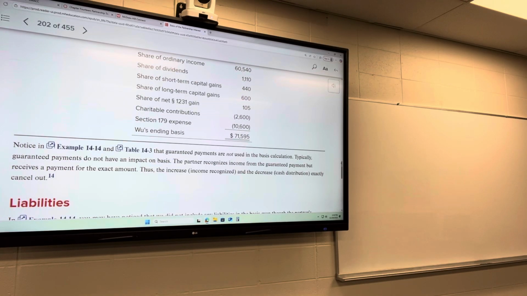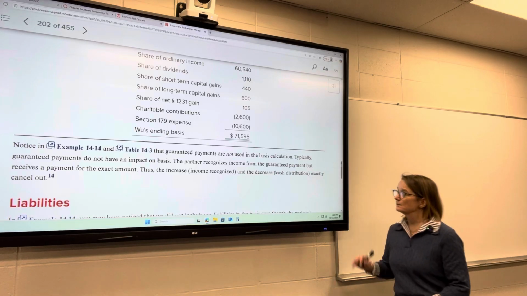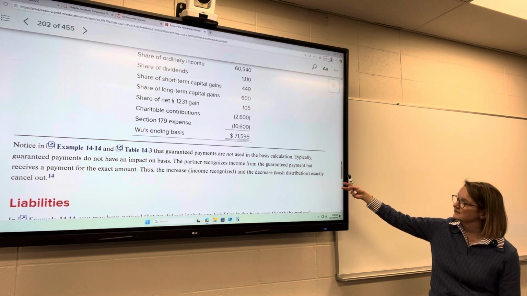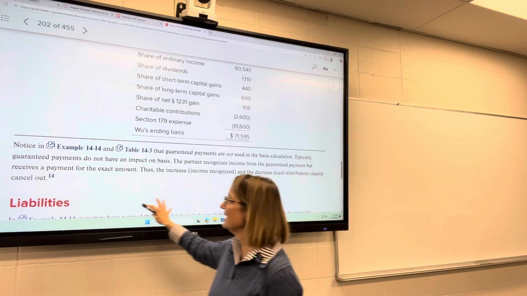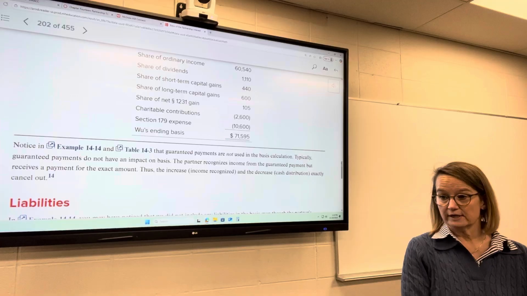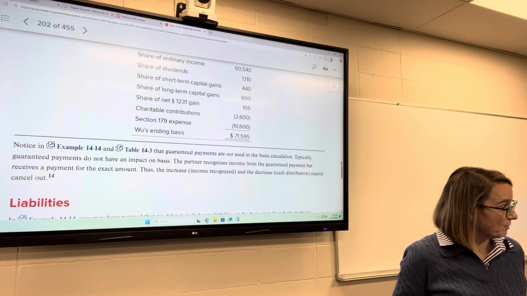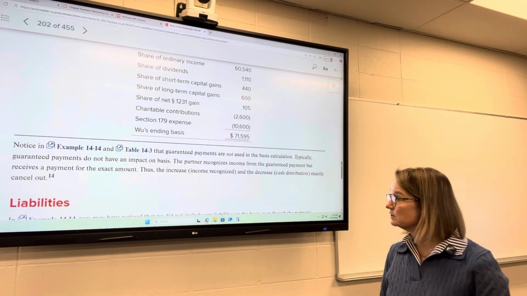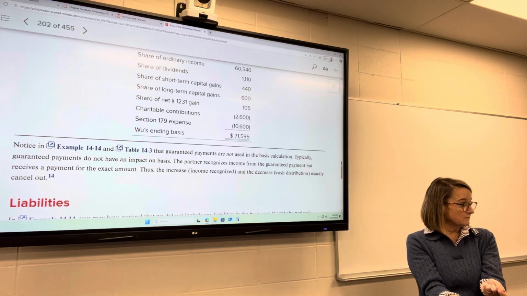So as they mention here, the guaranteed payments are not used in the basis calculation. Guaranteed payments do not have an impact on basis because the partner will recognize income from the guaranteed payment and they receive a payment for the exact same amount. If they received the payment, that would reduce their basis, because they're getting something out of the partnership, but they're turning around and paying tax on it.